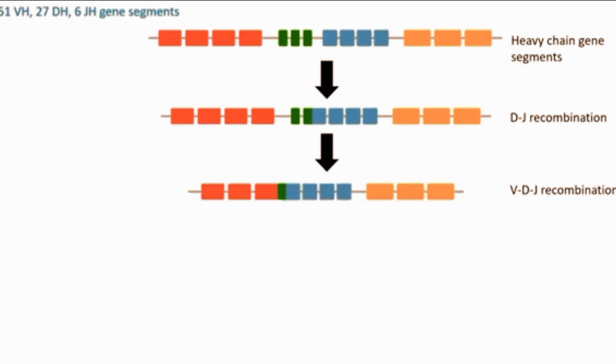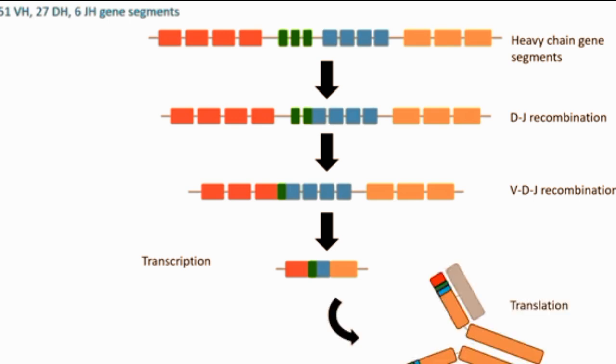Further, these segments could be joined in the VDJ recombination process and thereby create a different transcript depending upon which combinations they are combining, and that can give rise to the antibody heavy chain. Now, in a combinatorial manner, huge diversity could be produced in the heavy chain itself. Forget about the light chain for a moment; in the heavy chain itself, using a combinatorial code, a plasma cell can produce a huge variety of antibodies.